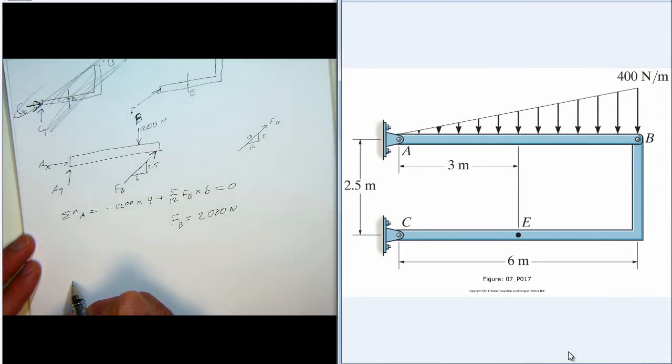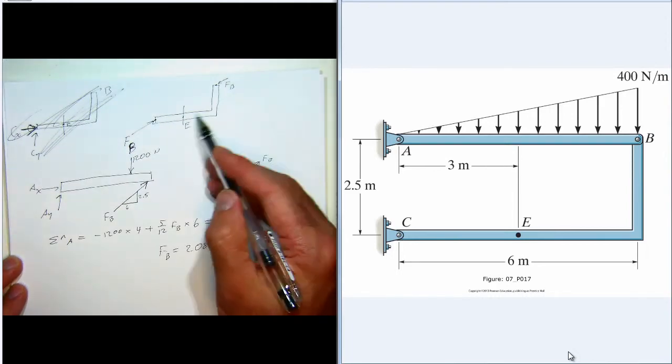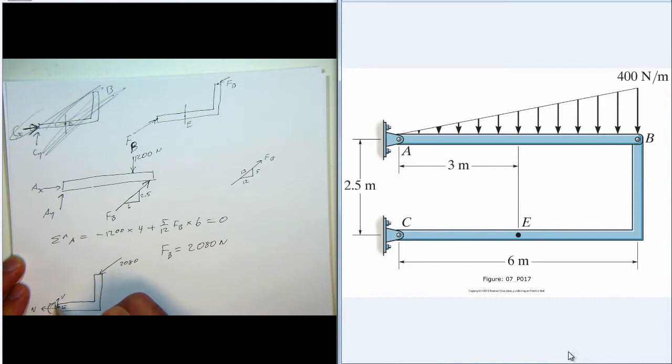And now we know FB, so we can go ahead and draw our section. This is point E, and we have 2080 newtons acting at point B, and then normal force, shear force, bending moment.